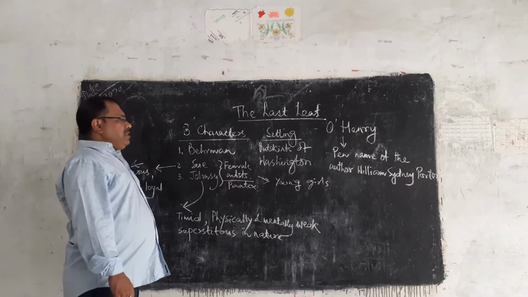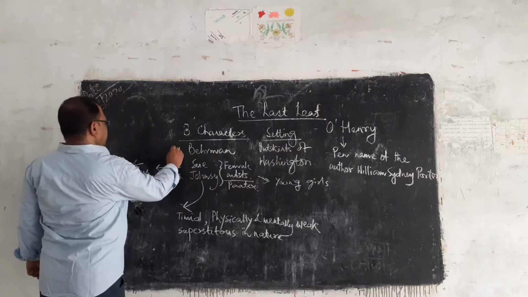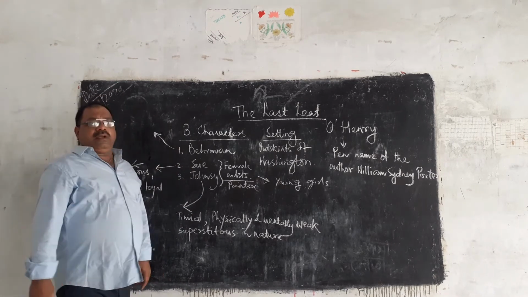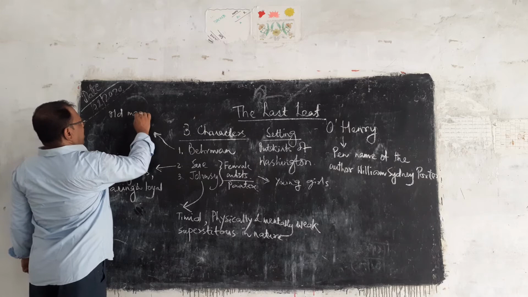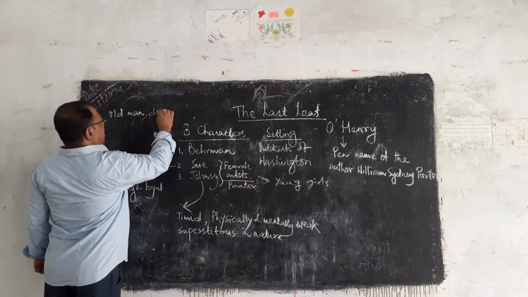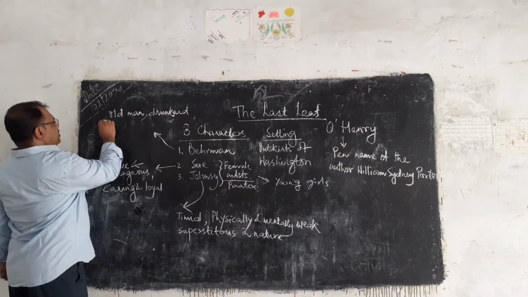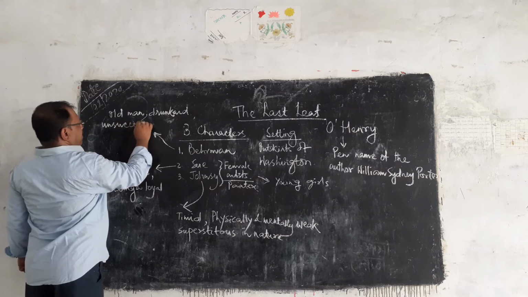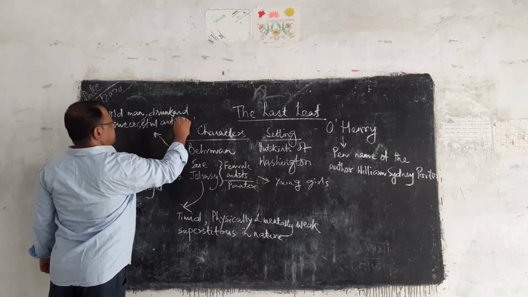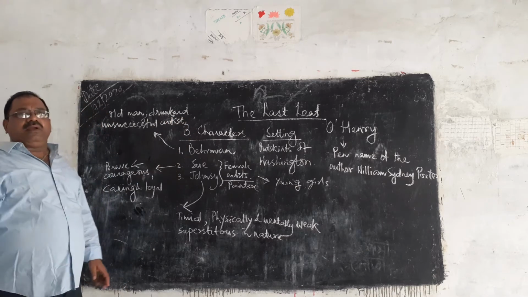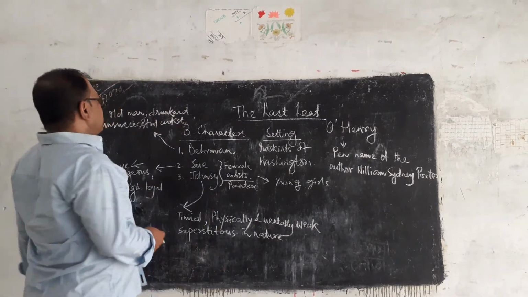Now, another major character of the story is Berman. He is an old man, a drunkard, and an unsuccessful painter, having a desire to make a masterpiece.